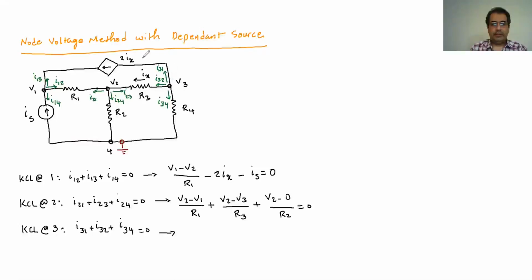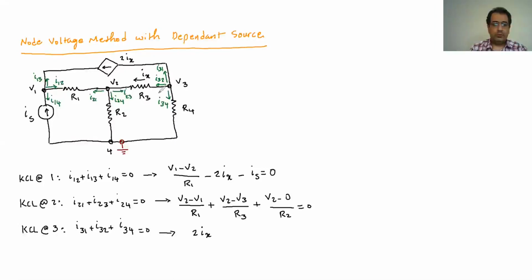And the direction of the Ix is from right to left, which is the same as the direction we chose here for I31. So instead of I31, I would put 2Ix, and it's positive because both are in the same direction.